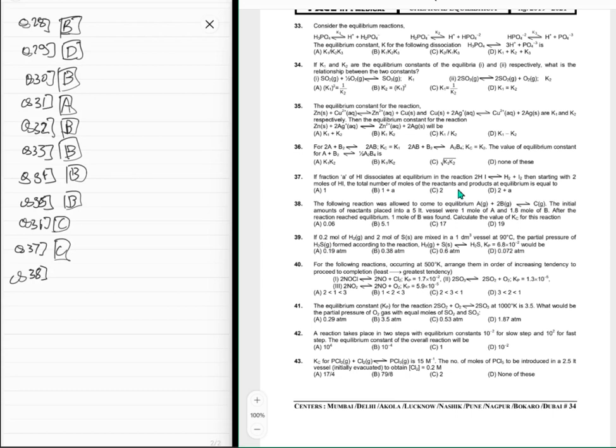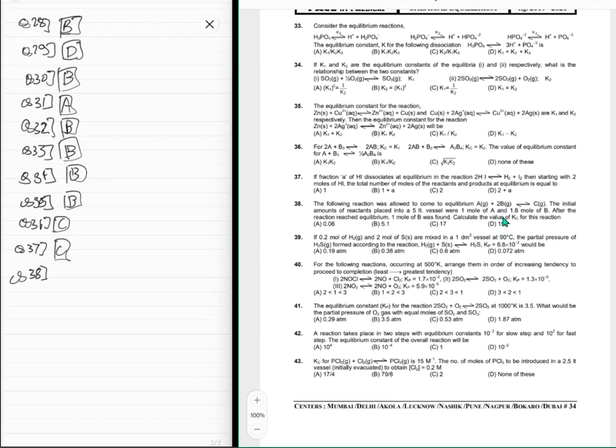So question number 37 is C. Question number 38. The following reaction was allowed to come to equilibrium. Initial amounts of reactants placed into a 5-liter vessel were 1 mole of A and 1.8 moles of B. After the reaction reached equilibrium, 1 mole of B was found. So 0.8 mole of B went away, which means 0.4 mole of A was also reduced.